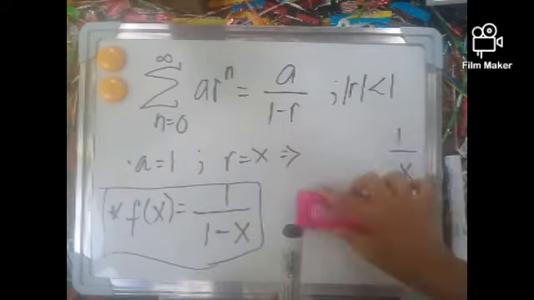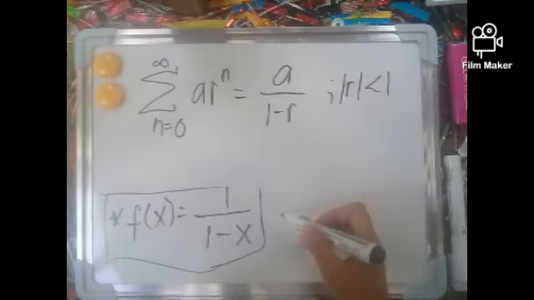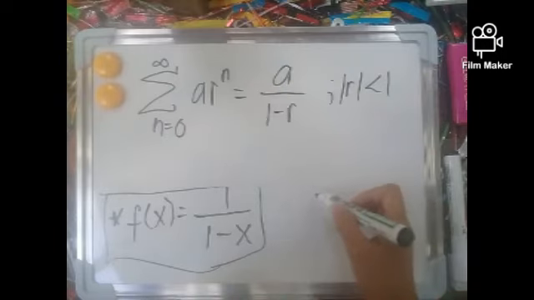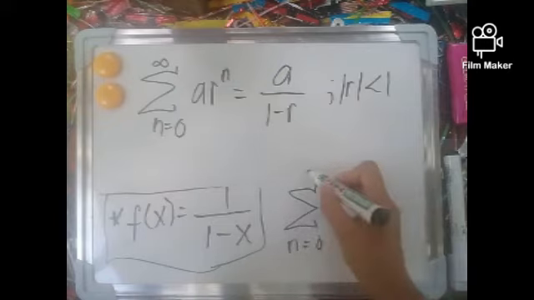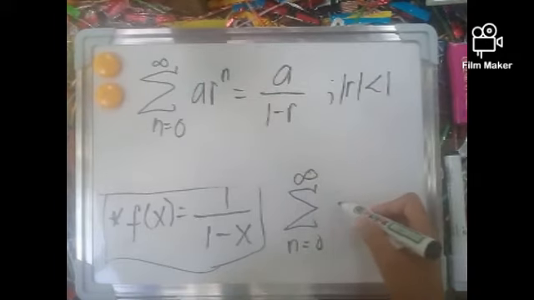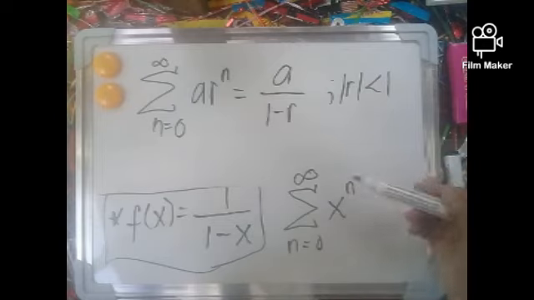And then, sa power series naman, we have the summation of n is equal to 0 to infinity of x raised to n. Since ang x natin is, kinuha lang natin yung series, x and then raised to n, where the absolute value of x is less than 1.